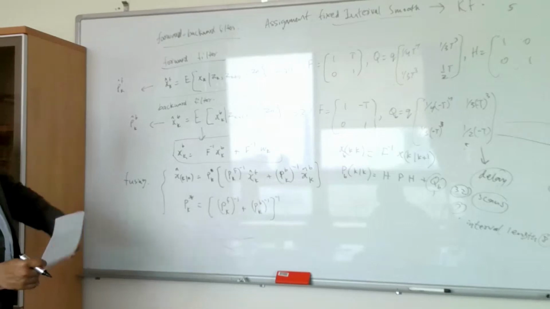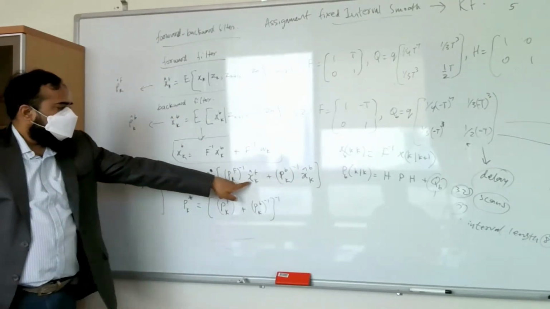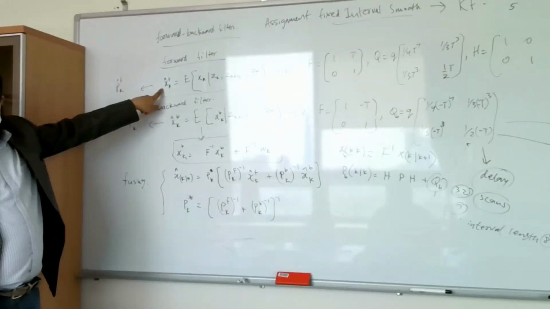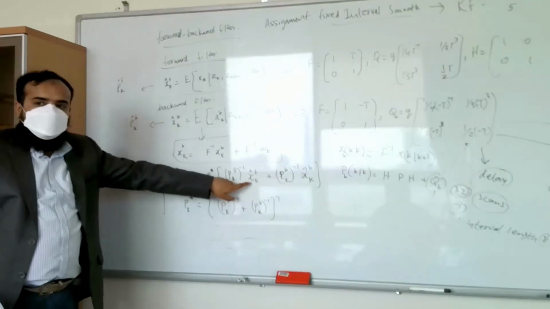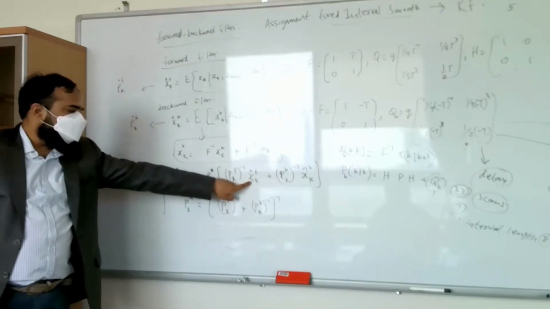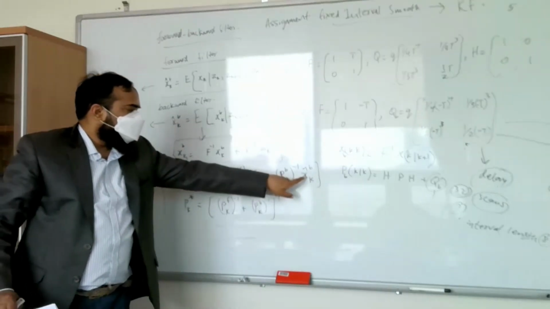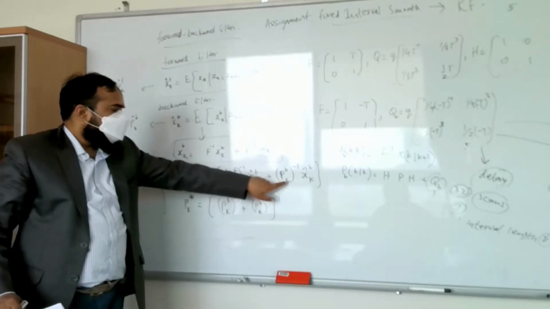Okay. For the forward filter, you will get this state and covariance. This is your Kalman filter, forward Kalman filter, state estimate and covariance, and from the backward filter you will get the backward state estimate and the backward covariance.